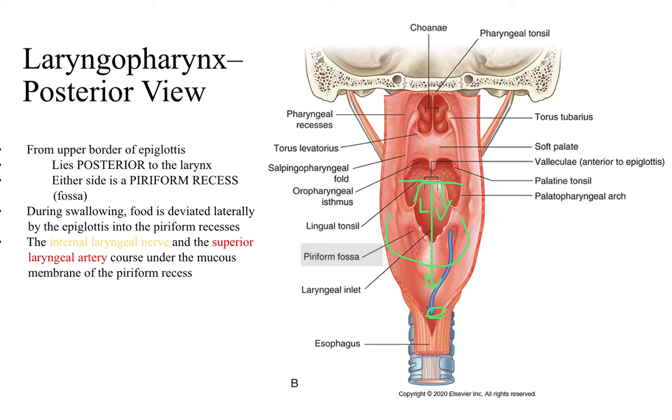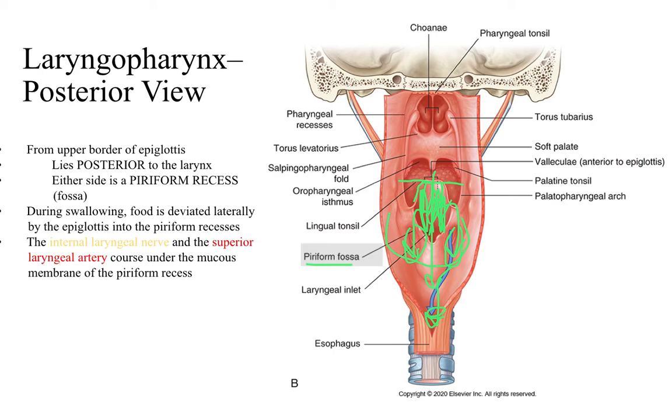On the anterior side, you have these two little recesses right here called piriform fossa, or piriform recesses. So what happens is when food is being swallowed, this epiglottis closes off right here, and then food is diverted down either side where the piriform recesses are located, and then we'll head down into the esophagus.